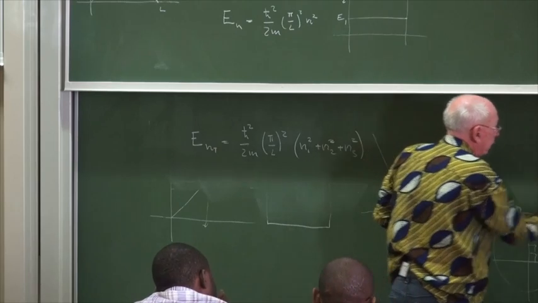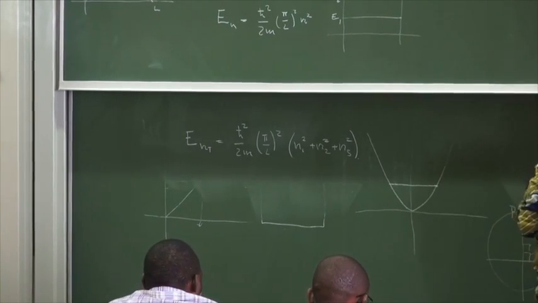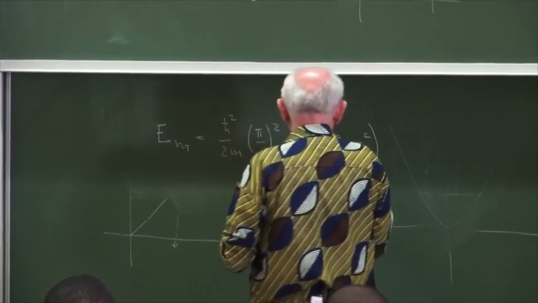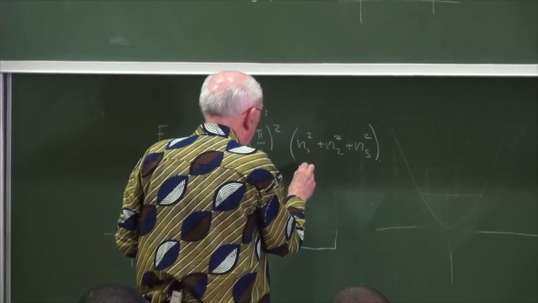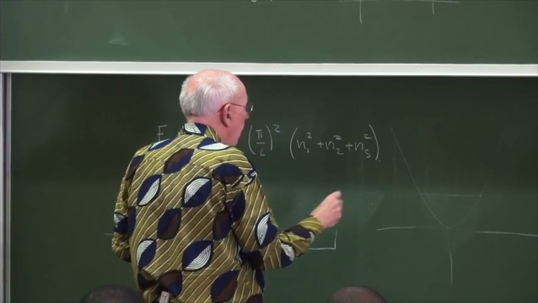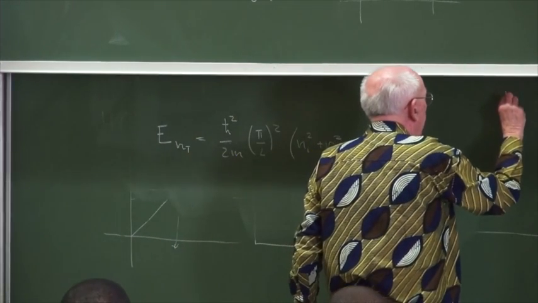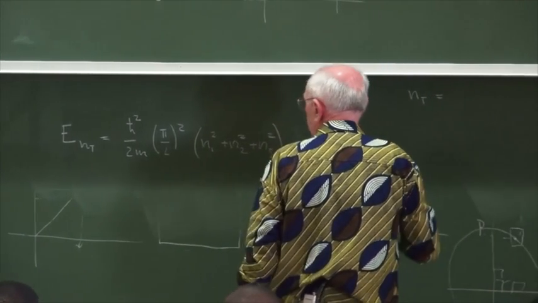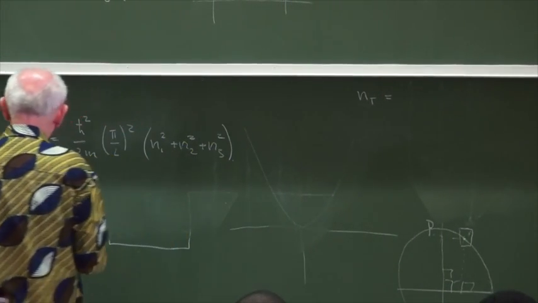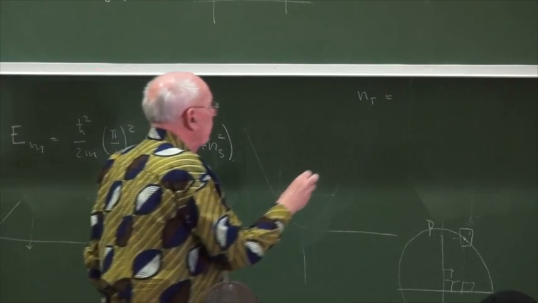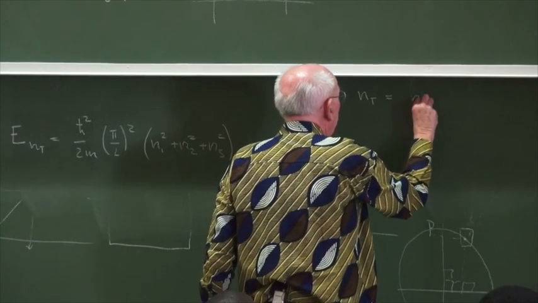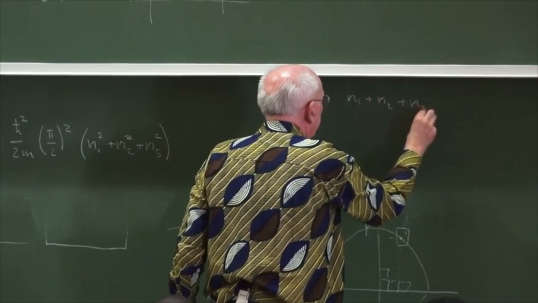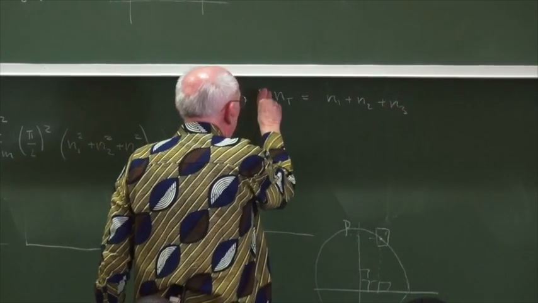So the problem which we actually generated in this discussion now is that we have nt. Well, maybe this wasn't the best way to write it, but we have nt equal to n1 plus n2 plus n3.